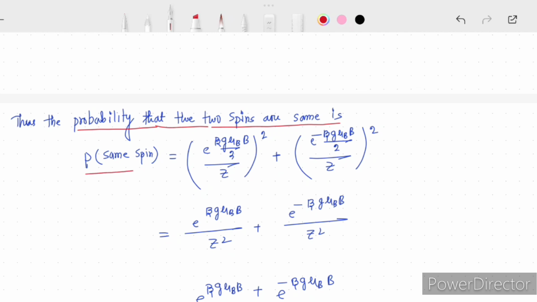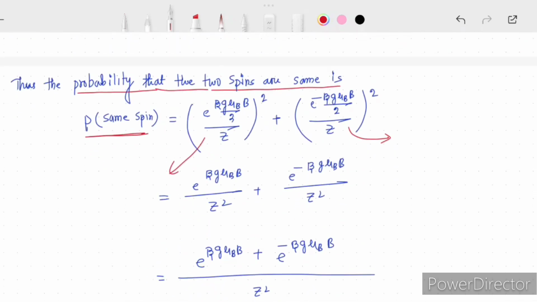The probability for same spin of two atoms is the probability for two atoms having Sz value plus half, plus the probability for two atoms having Sz value minus half.